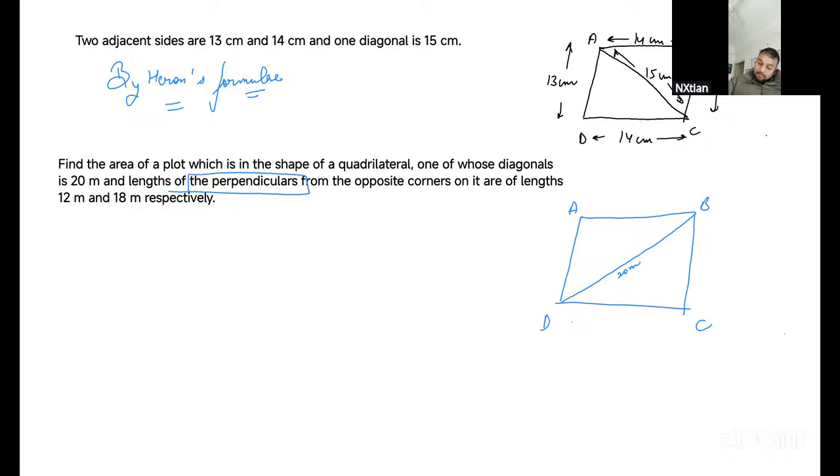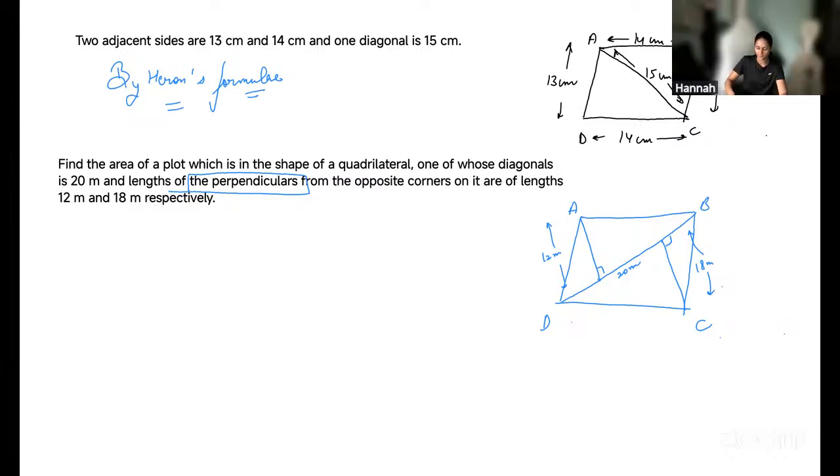So the length of perpendicular is going to be like this. Okay, so this is 12 meter, and this is 18 meter, like this. Understood? Yeah, thank you. Okay, next.